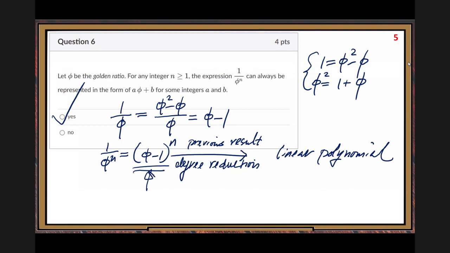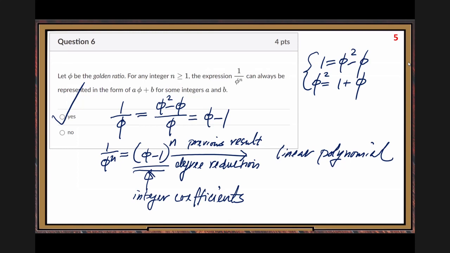So this polynomial, you do the reduction with integer coefficients, because when we use the properties, we always use the integer coefficients.